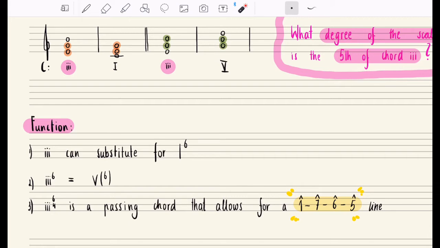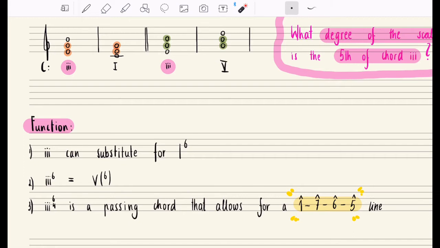This means that when we use chord 3, even if its fifth, which is the seventh degree of the scale, finds itself in an outer voice, in the soprano or in the bass, it doesn't have to resolve up to the first degree of the scale. It doesn't have to do that.